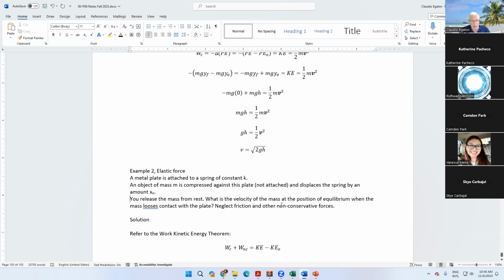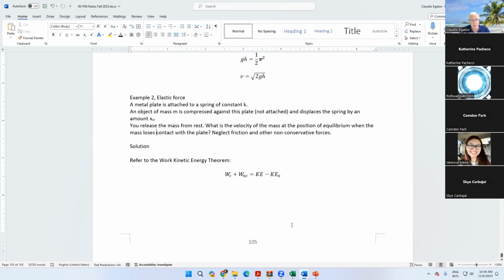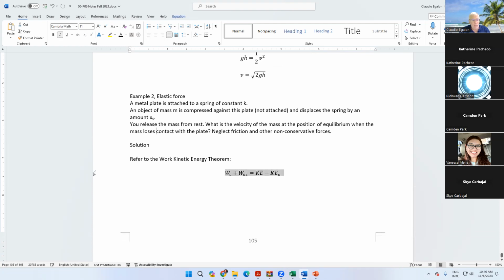What's the velocity of the mass at the position of equilibrium when the mass loses contact with the plate? Neglect friction and any other non-conservative forces. Since we're neglecting non-conservative forces, we have something like that. The only conservative force that's left is going to be the elastic force.